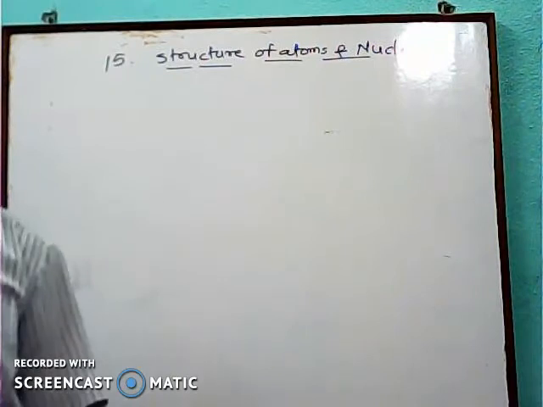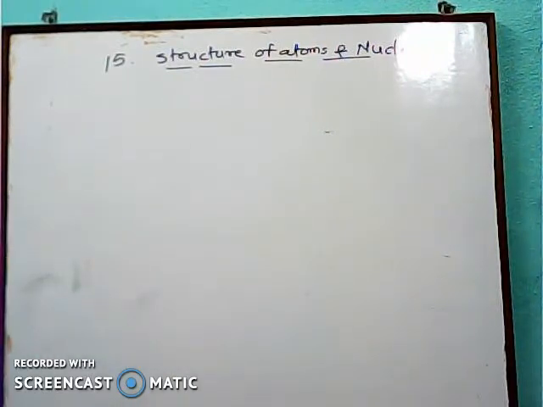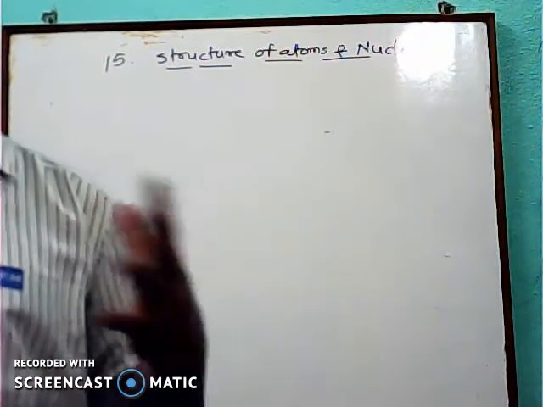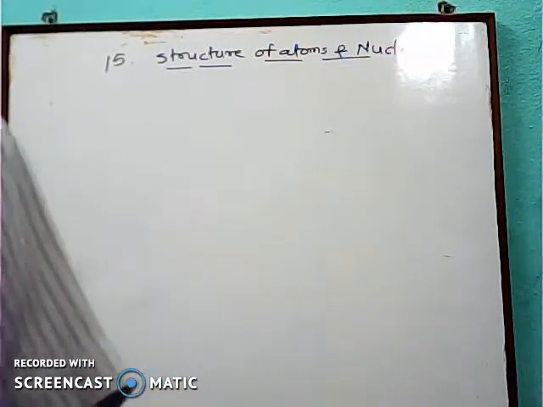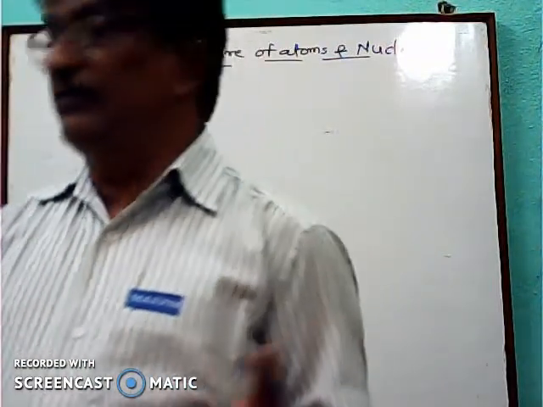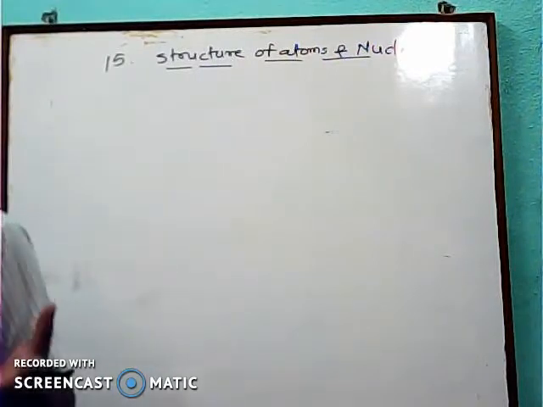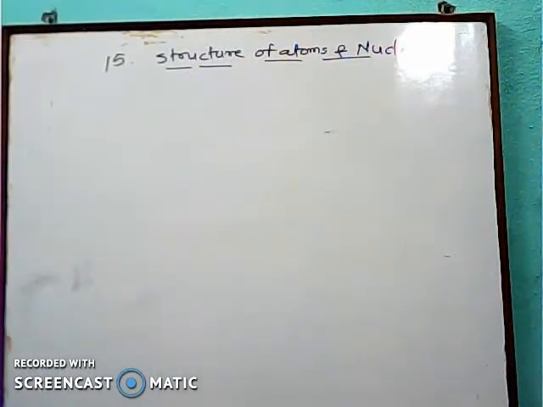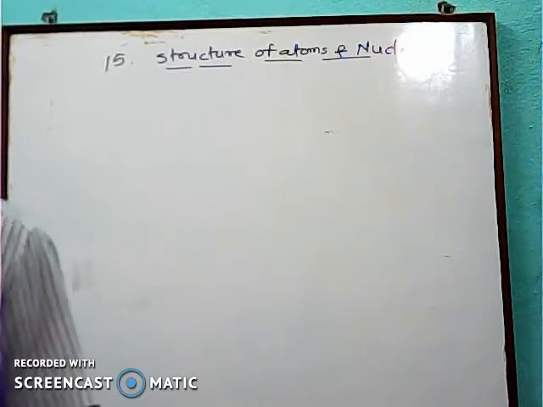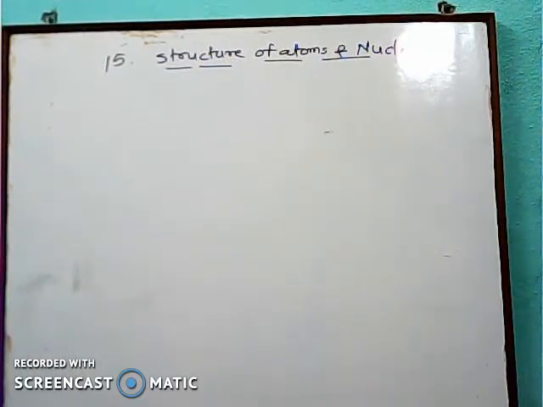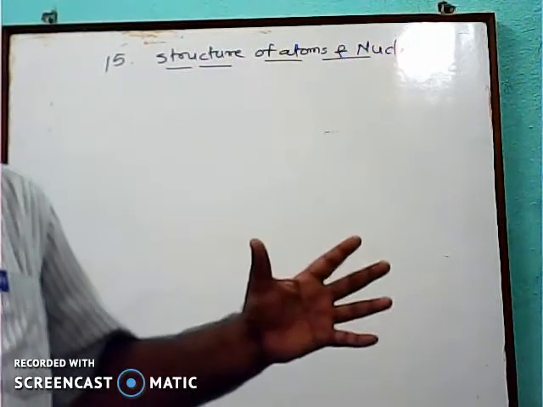If the number of electrons in orbit is greater, then the size of atom will be large.